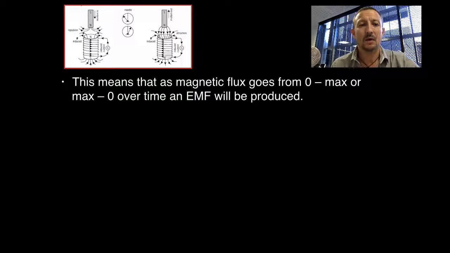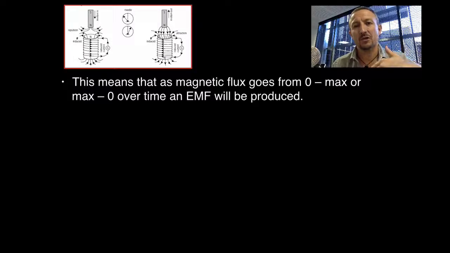Now what Lenz wanted to say was, if we pushed the magnet into that solenoid, it will produce a force on the electrons. If that force pushed the electrons in such a way that they moved in the same direction as the magnetic field, the two magnetic fields would combine. If the two magnetic fields combine, they will produce a stronger force.